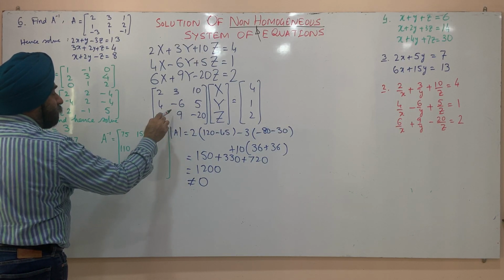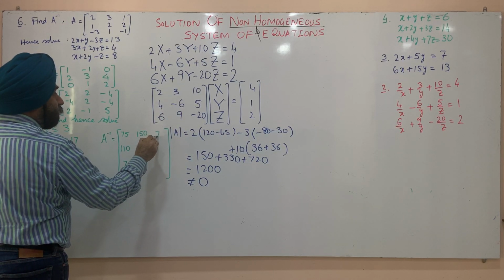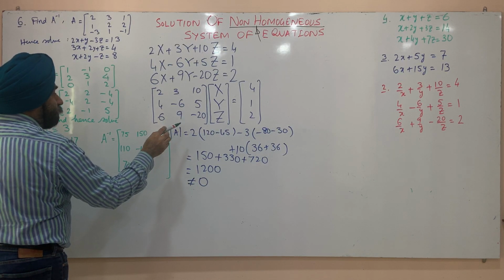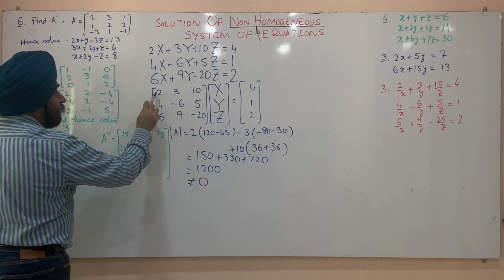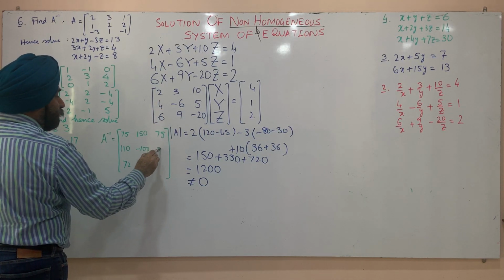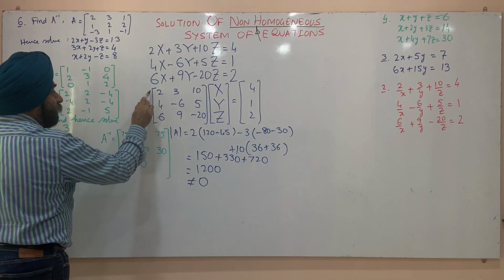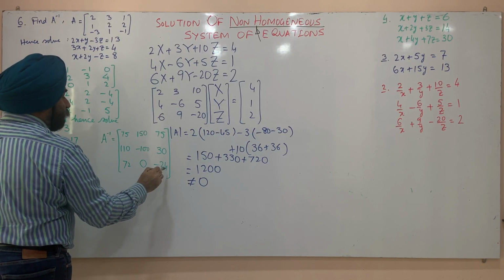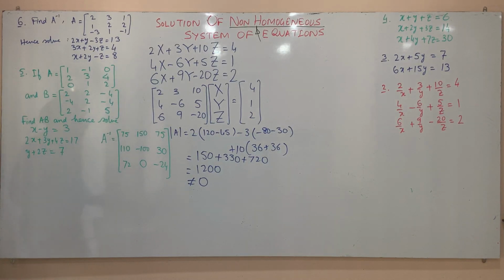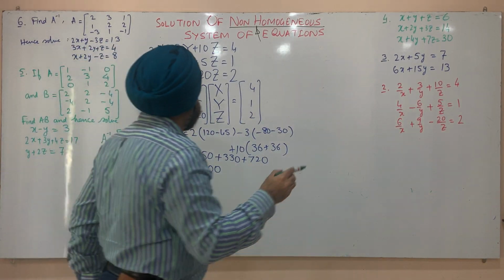Elements of the third row. So 15 plus 60, 75. Then for this, it's 10 minus 40, minus 30, 30. Minus 12 minus 12 is minus 24. So this is A inverse. This is determinant.